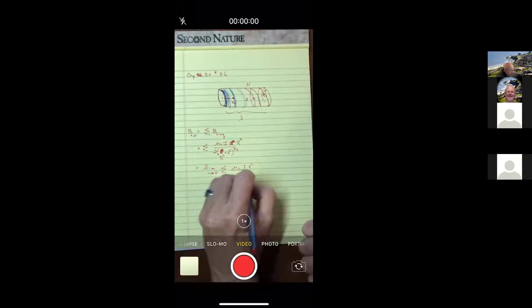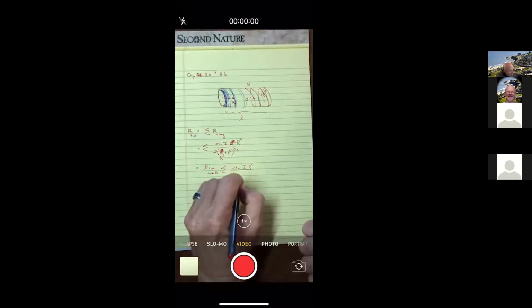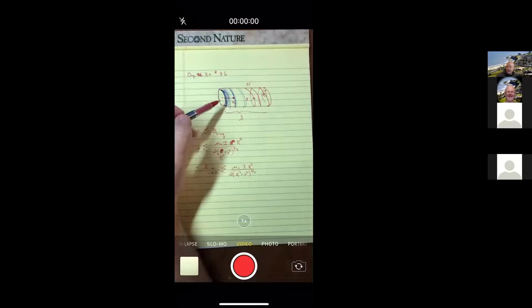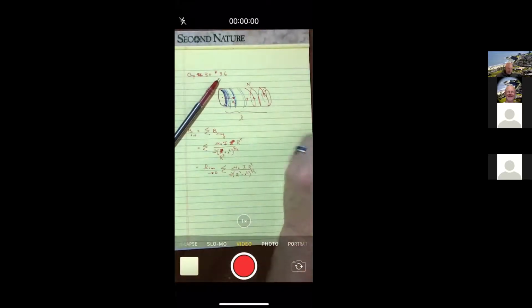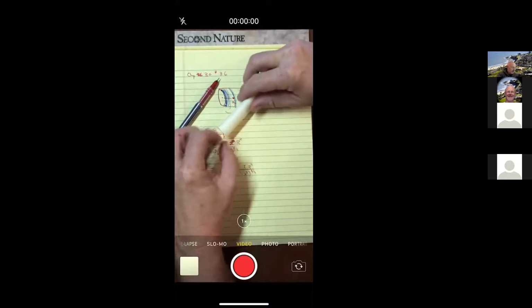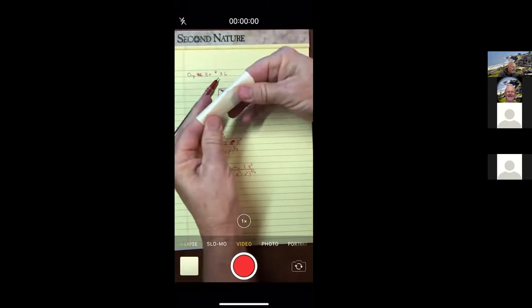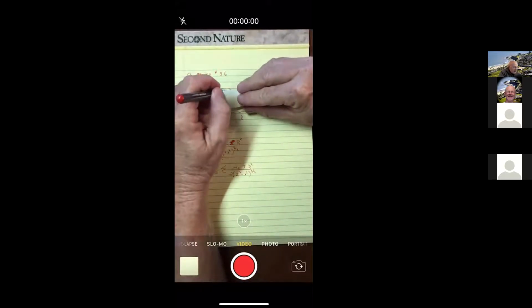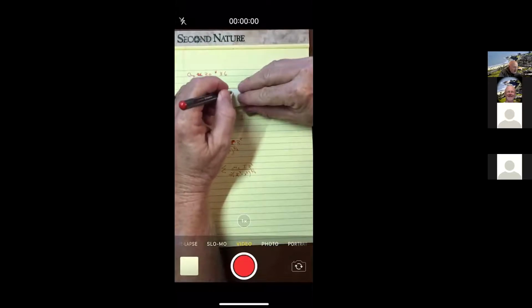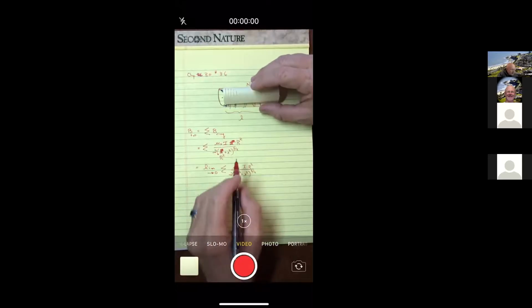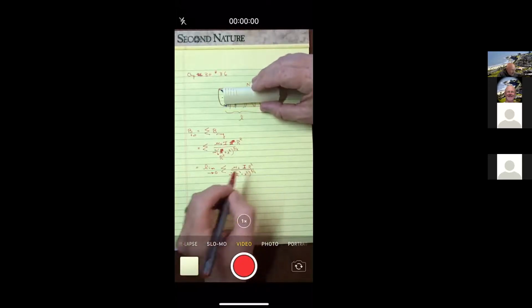And so what becomes really small in this equation, as I kind of imagine taking this cylinder, it's like my Post-it note came undone. But as I slice this into thinner and thinner pieces, what is it that goes to 0 here?